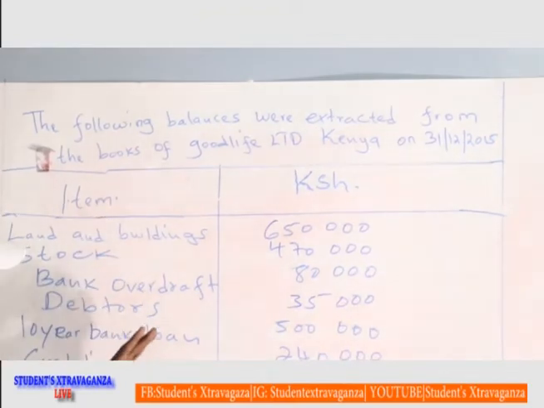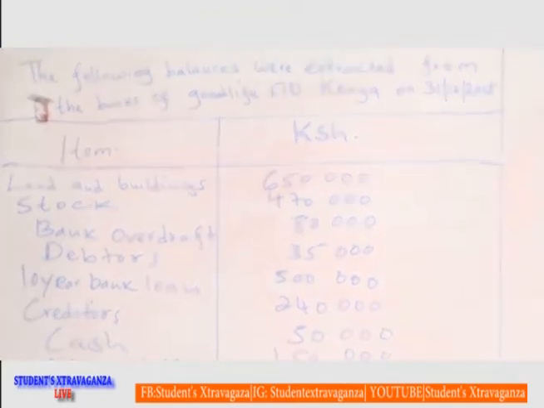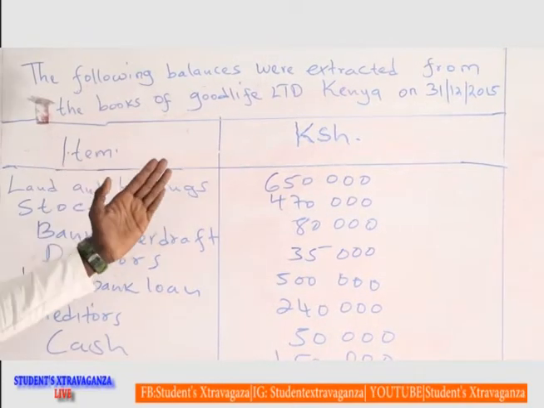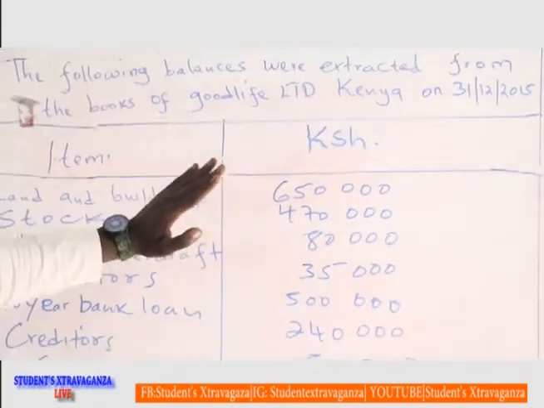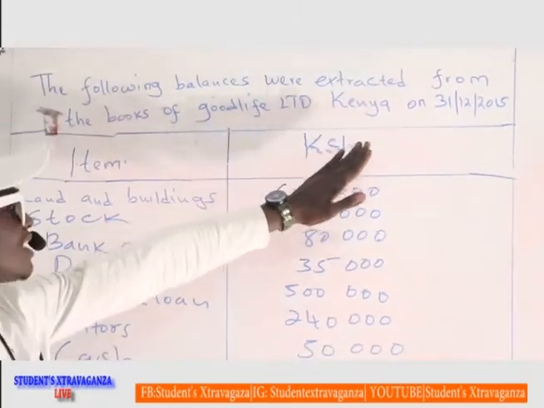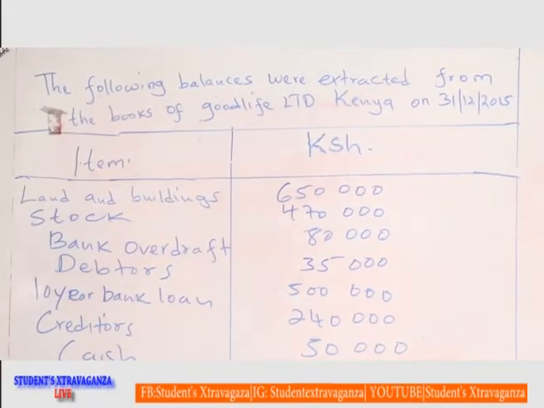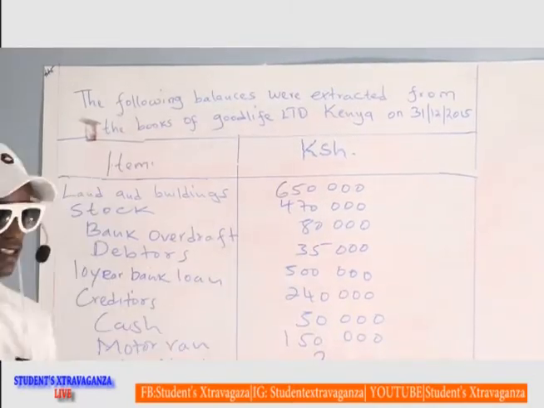This information that we've been provided with, and I'll read it for us. The following balances were extracted from the books of Good Life Limited, Kenya on 31st December 2015. We have item, then we have Kenya shillings, the second column.